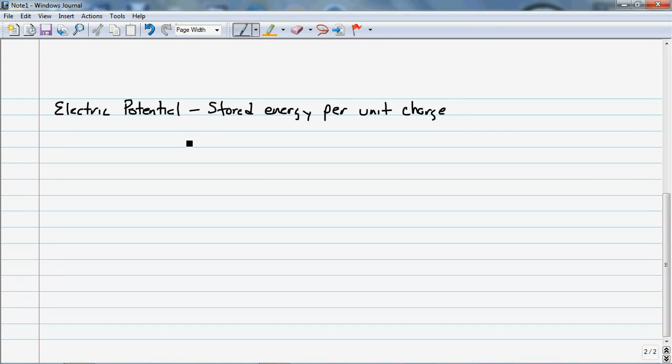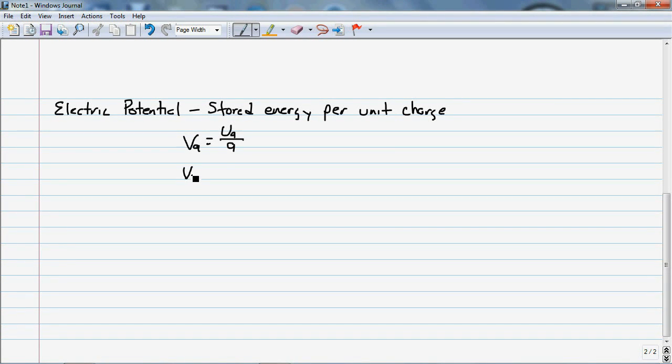So we can define potential, we use the letter V, at some point as equal to the potential energy at that point divided by the value of the charge.